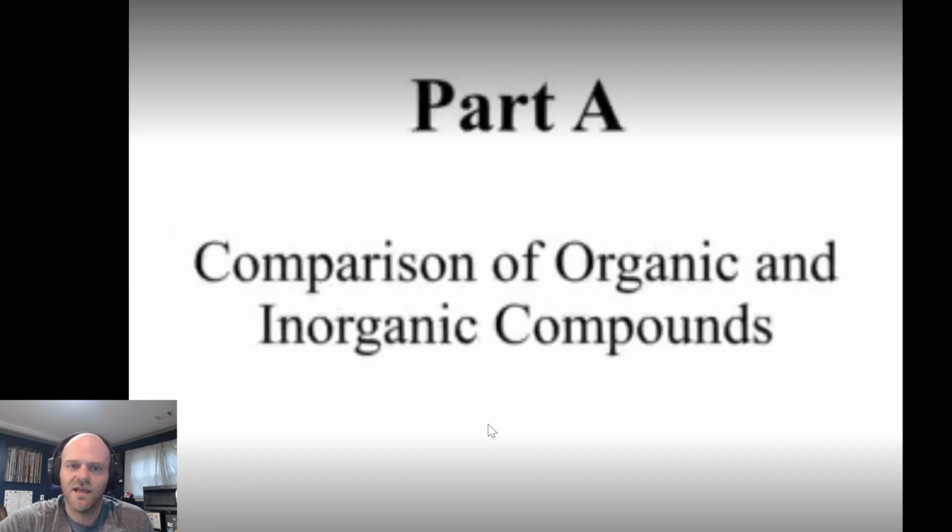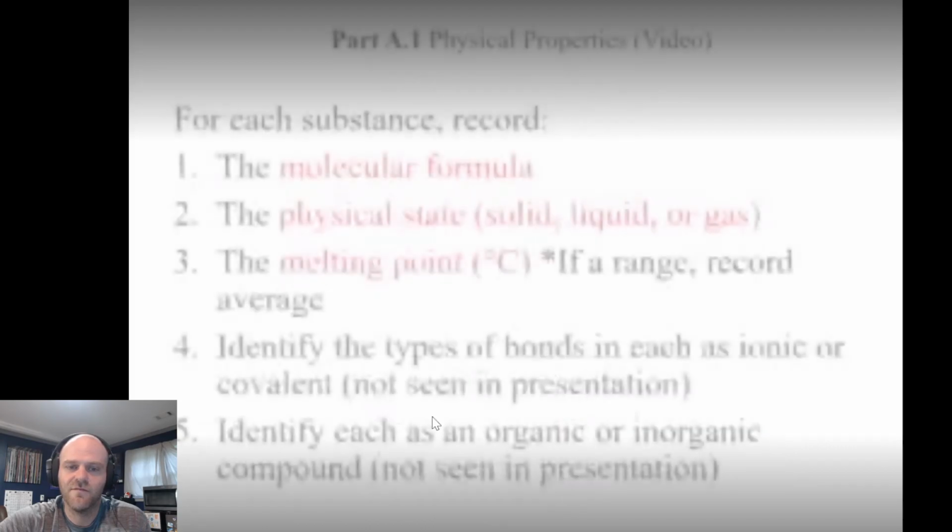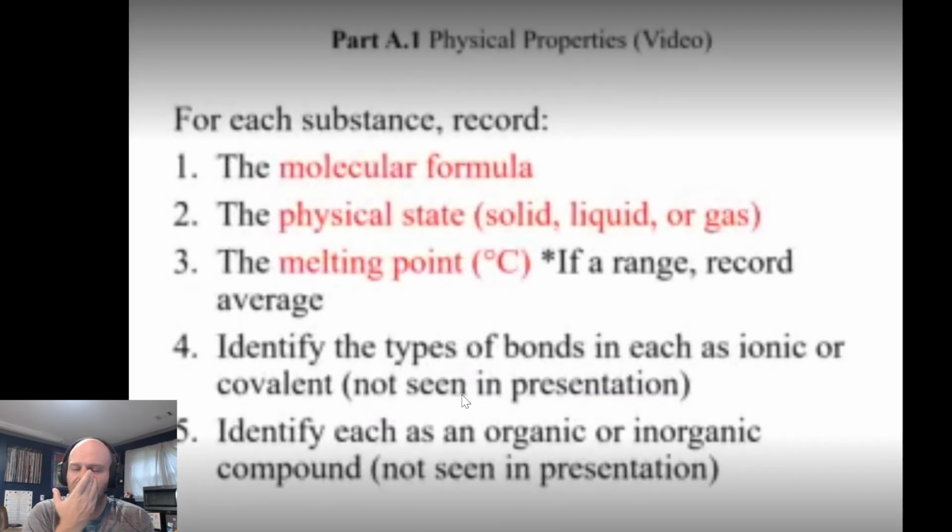Part A, comparison of organic and inorganic compounds, physical properties, display of compounds in vials, sodium chloride, potassium iodide, toluene, cyclohexane. So she does go over that first portion that we were just working on filling out. But these are known melting points, known physical states. In a lot of instances, I could probably do this from memory, right? The molecular formula is something that you should be able to deduce in some cases, like sodium chloride, for example.